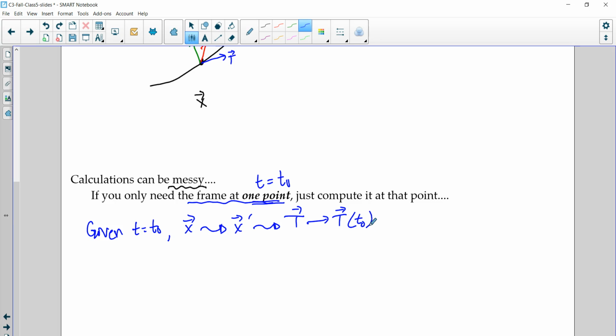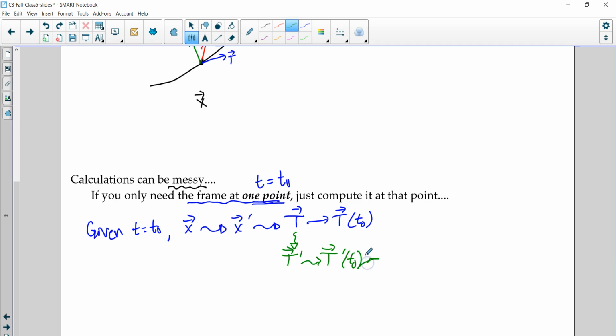Similarly, with the unit tangent vector, you can take its derivative. Then you can get the unit tangent vector derivative at t naught.